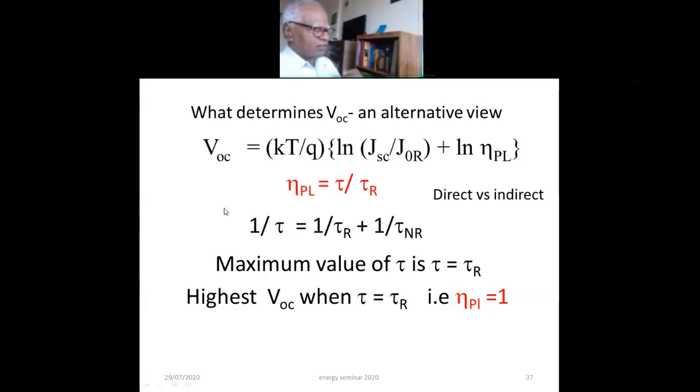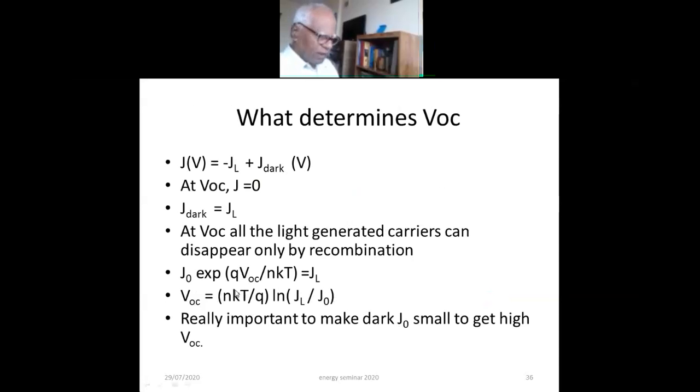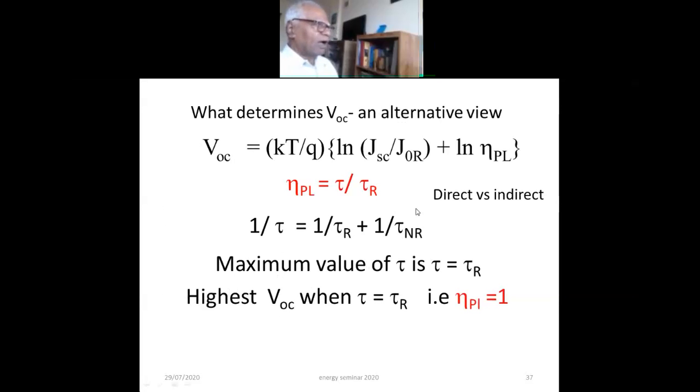I won't go through the derivation, but I will say the same formula which we used here, I can recast, assuming that I did not have any defects, so the maximum V_OC will be for a J_0 which only had recombination through radiative events.